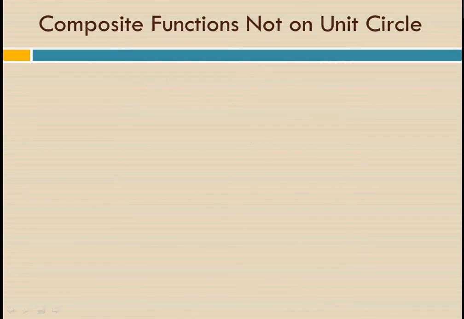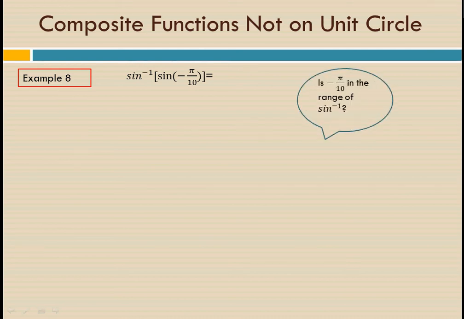Okay? Now, when they're not angles on the unit circle, it's pretty icky. So let's look at example 8, and that's a technical term, icky. The sine inverse of the sine of negative pi over 10. Well, if you remember what we just said, is negative pi over 10 in the range of sine inverse?